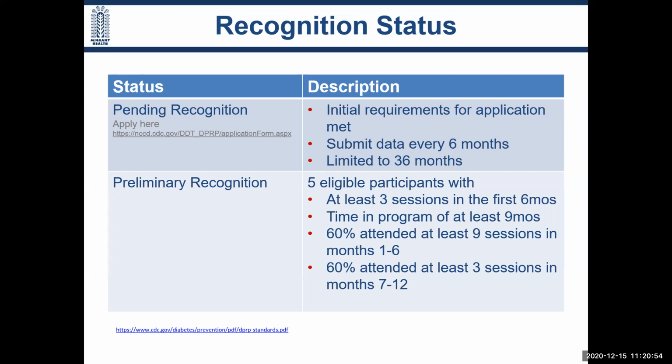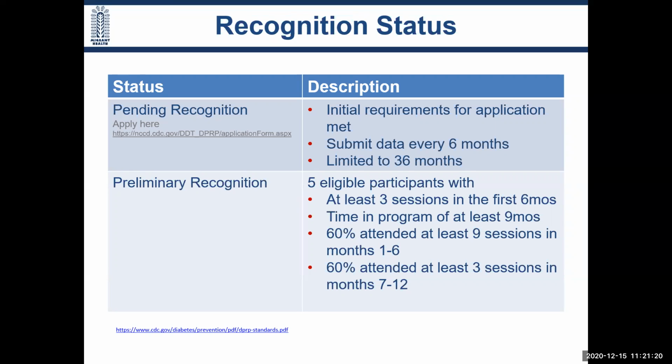Once programs have 5 eligible participants that meet certain data requirements, they move into preliminary recognition. The requirements for those at least 5 eligible participants are that they have to have attended at least 3 sessions in the first 6 months. They have to have been in the program for at least 9 months, so at least 9 months of the program has to have elapsed.